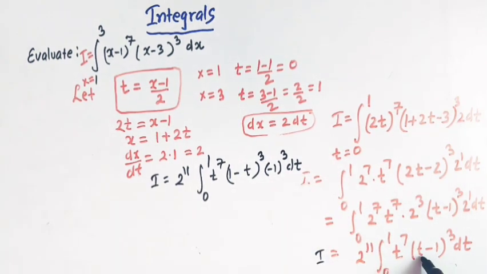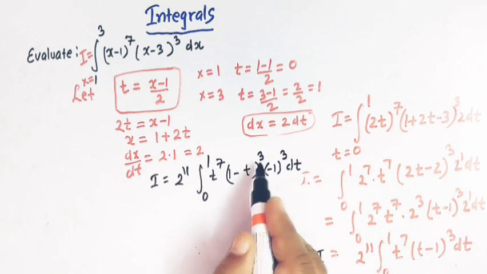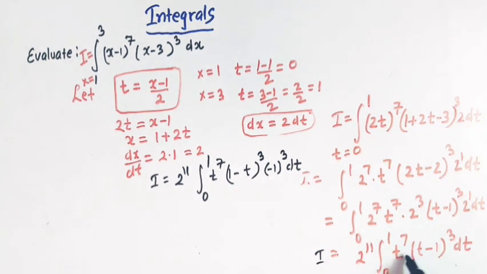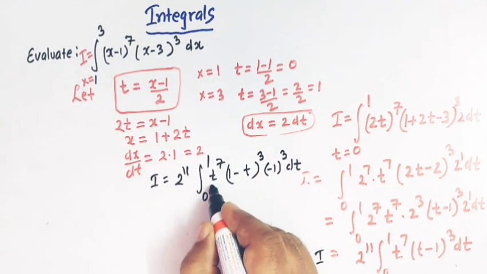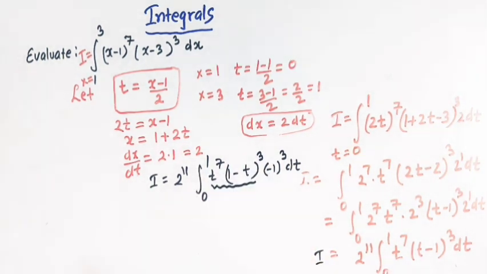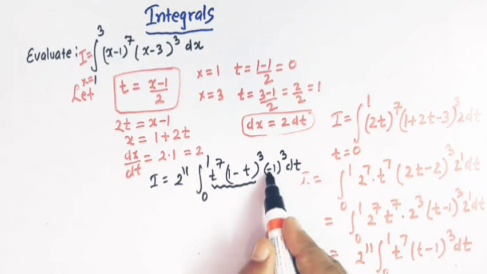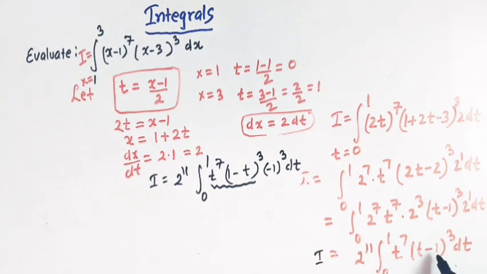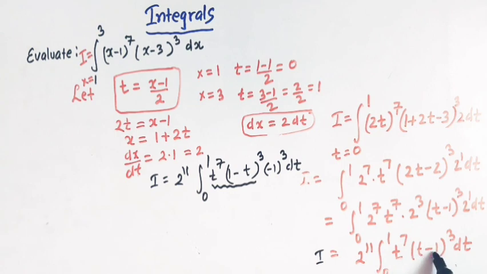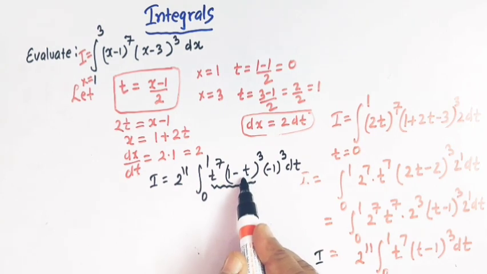So what we have done here, we have written t minus 1 as 1 minus t raised to 3, taking minus 1 common, because we want to convert this integral into a beta integral, right? That's why we have minus 1 raised to 3, expressing t minus 1 as 1 minus t.